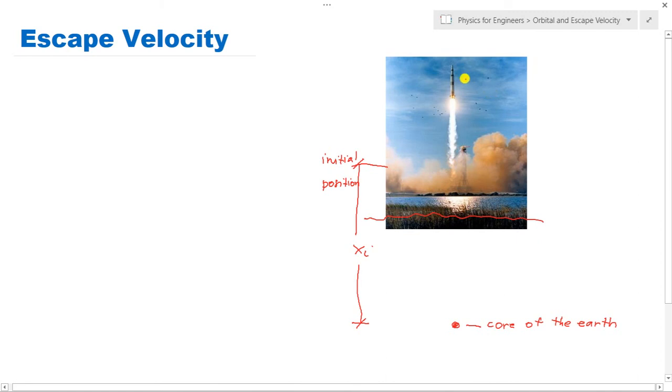And then again, our object to be studied is the rocket. So we label the initial position x sub i, so okay na. And then of course, it will go upwards.